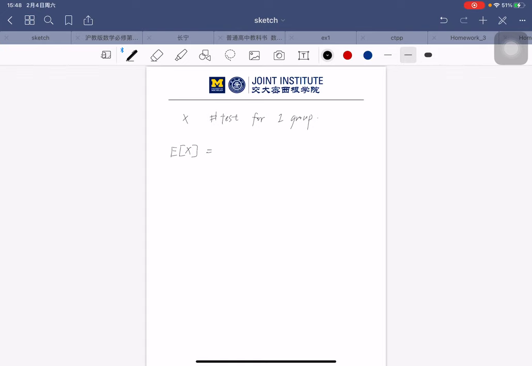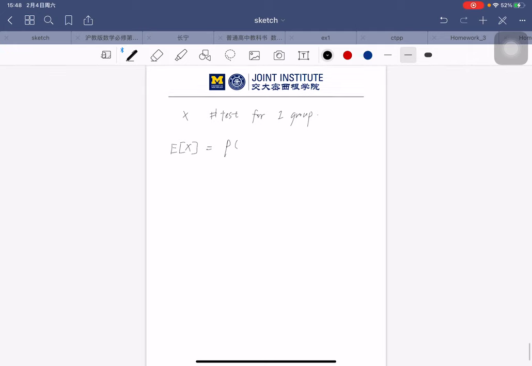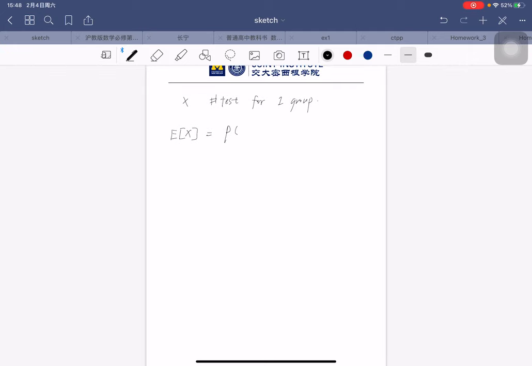And for the test for one group, it will only have two outcomes, which means this group is positive or this group is negative. So the expectation will be the probability that the group is negative, and in this case, we will only take one test, so multiply by 1.